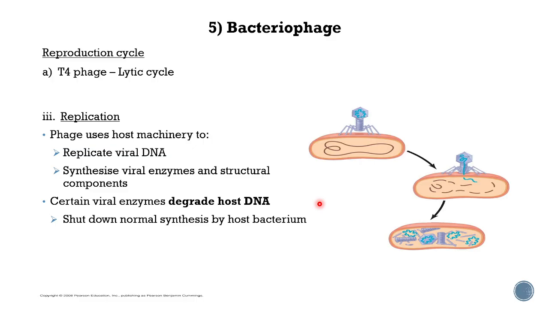So the bacterial cell cannot then continue its own protein synthesis, and all the raw materials like amino acids, all the energy in the form of ATP, all the ribosomes, all the RNA polymerase will now be used to transcribe and translate the viral DNA to make viral proteins. Basically the virus is taking over the protein synthesis machinery of the host cell by degrading the host bacterial DNA with one of the viral enzymes that is synthesized.